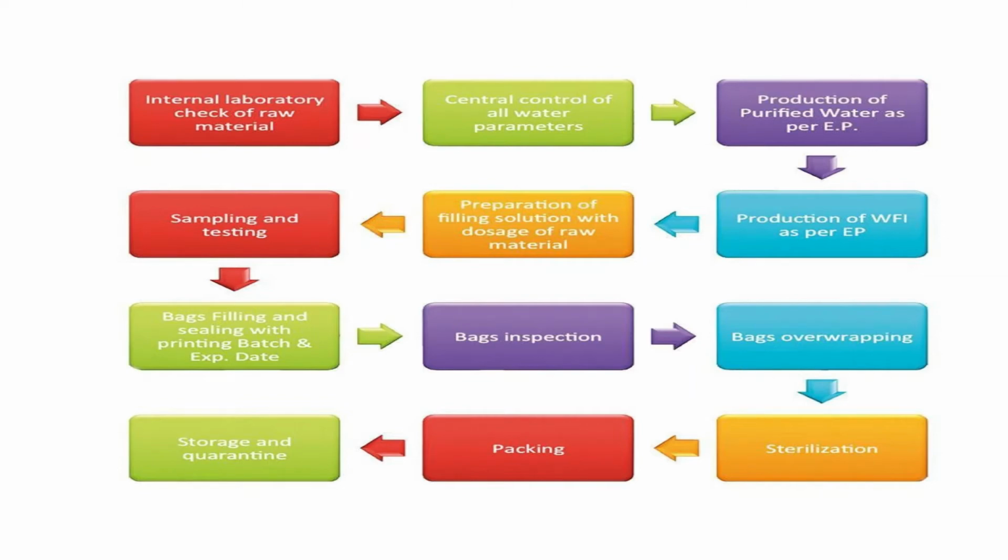Then it goes for sampling and testing. Then it is filled into the desired containers under aseptic processing, further sterilized, tested and evaluated, and then packed and stored. So this is the flow chart of the working procedure for parenteral products.